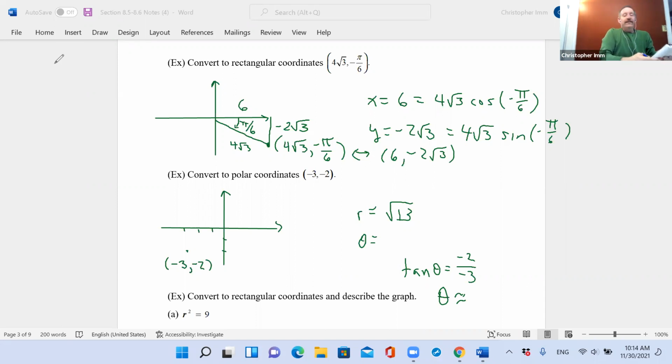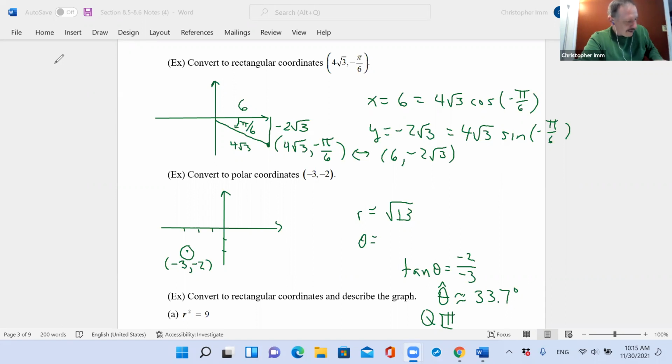No, 33.7 degrees. So I rounded it to 33.7 degrees. However, when I look at this point here, it's in quadrant 3, right? So this makes a good reference angle. But to get over there in quadrant 3, we would have to add 180 to it, right?